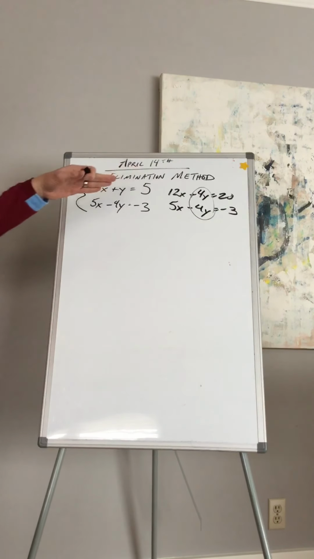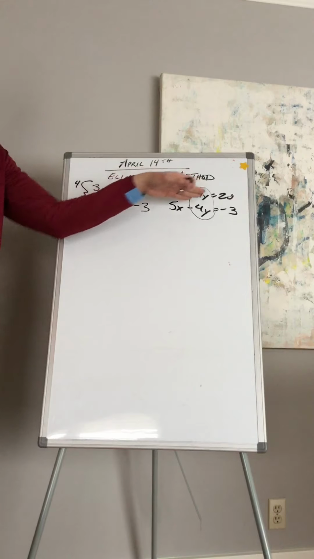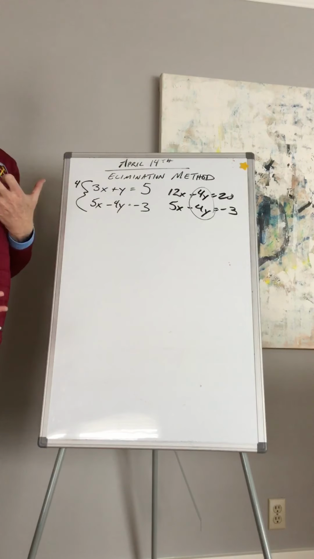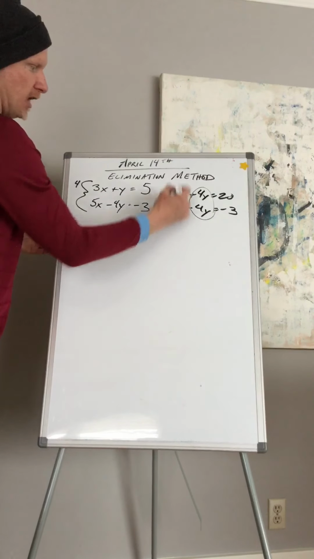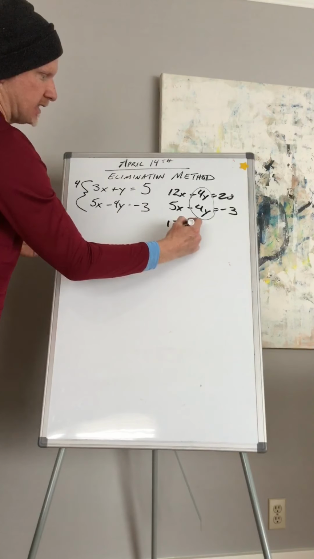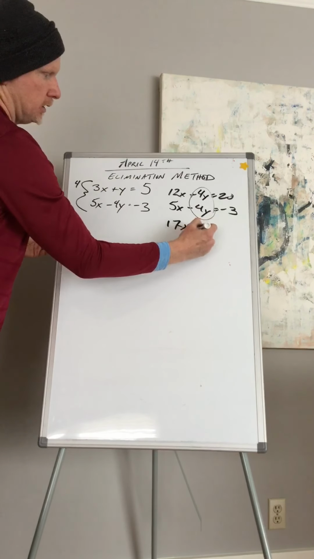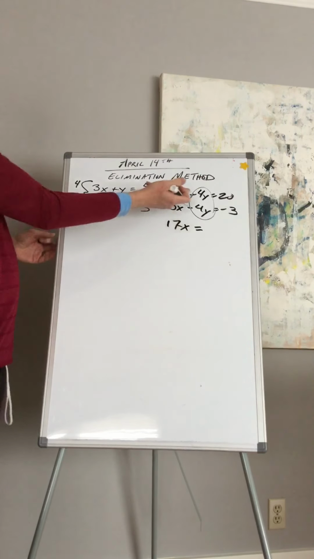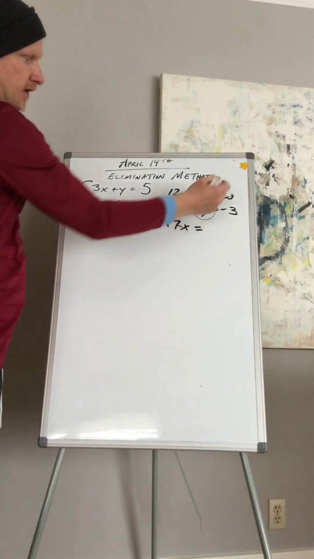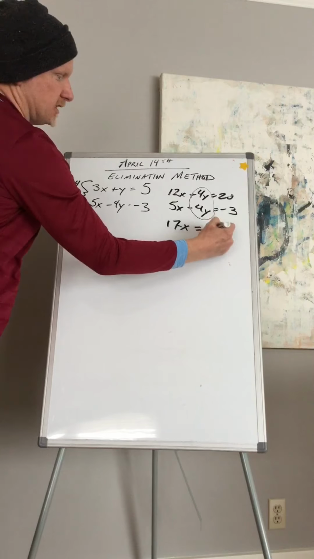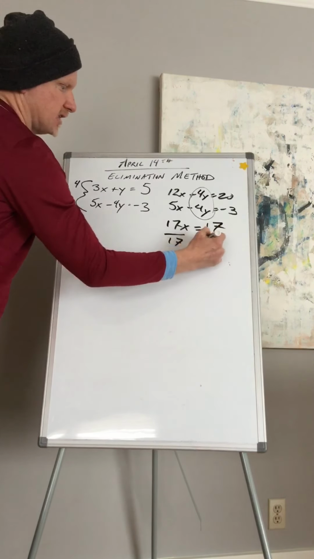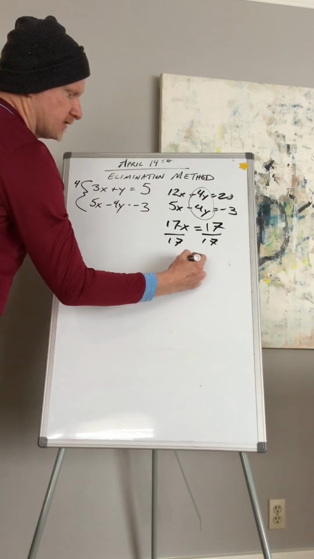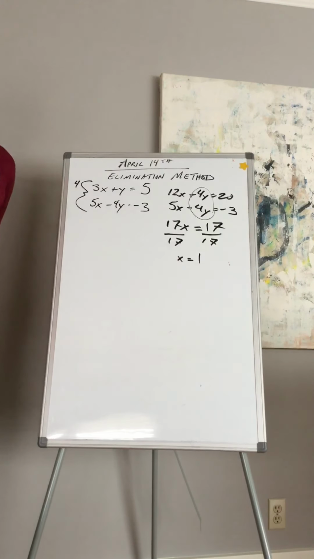I have a positive 4y and a negative 4y. So I can eliminate those, and I do that by adding. So now I add, and I have 17x equals, because that is 0, positive 4y, negative 4y, equals 17. And I divide each side by 17, and my x value is 1.